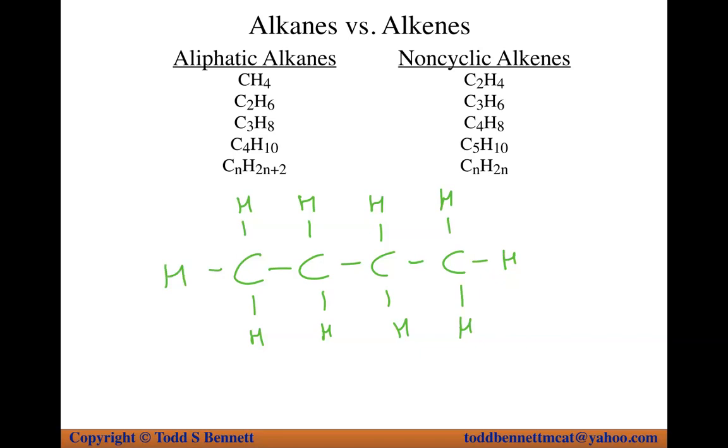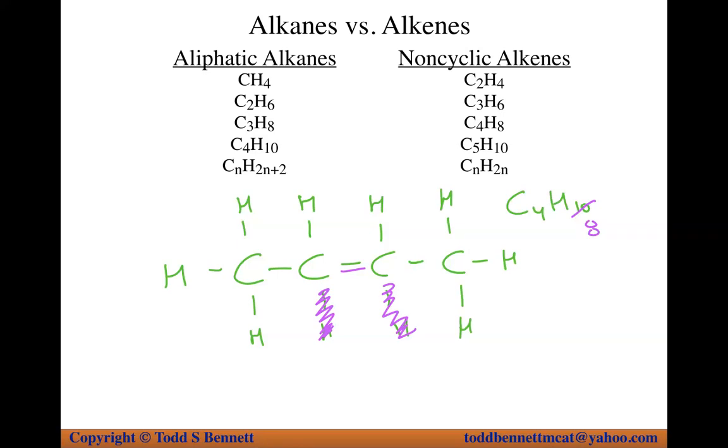But if I were to form an alkene, I'd have a double bond. Let's say I pick this arbitrary middle one. I now have too many bonds to carbon, so I would have to get rid of this H and this H, which would take me from what was originally C4H10 down to C4H8 when I have a double bond in there.